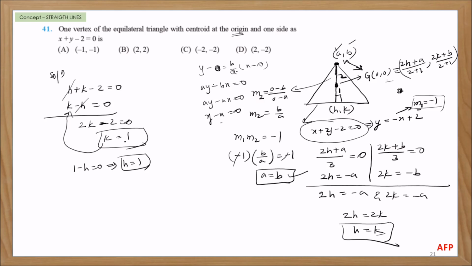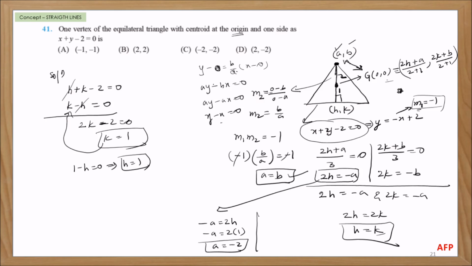Okay, so h is equal to 1, k is equal to 1, so using this identity, minus a is equal to 2 times h, minus a is equal to 2 times 1, a is equal to minus 2. So the first ordinate we got.